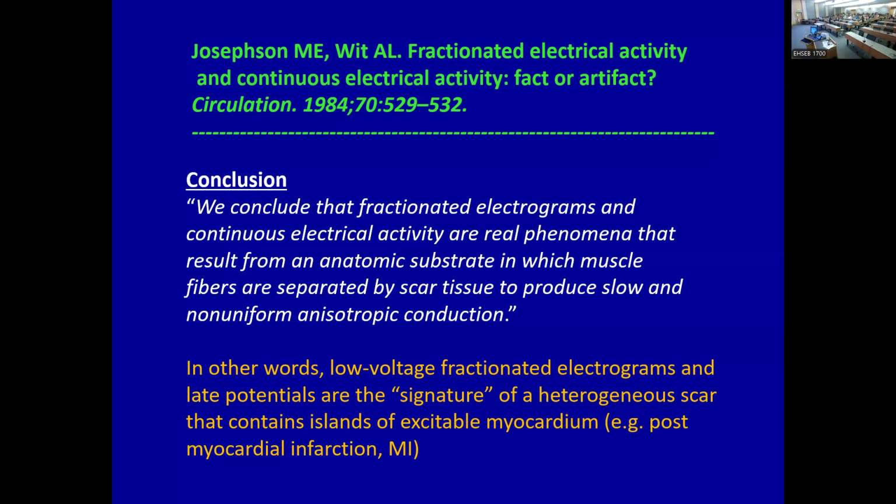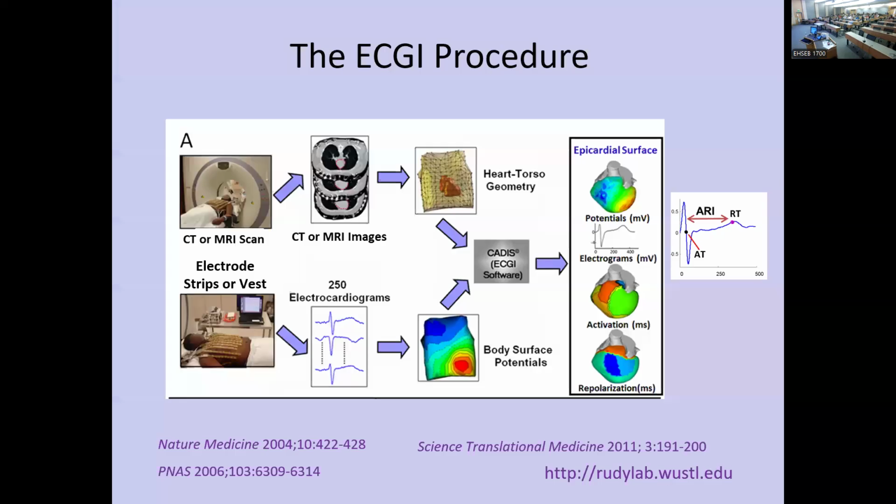So the question is, can we see those fractionated electrograms? For that, this is the scheme of the ECGI procedure in our hands. There are several other places, but in our hands we use 250 electrocardiograms on the torso, on the chest and on the back, all around the torso.